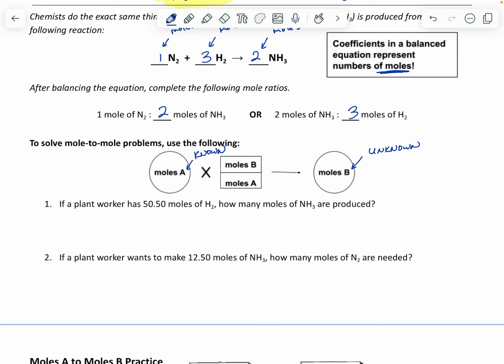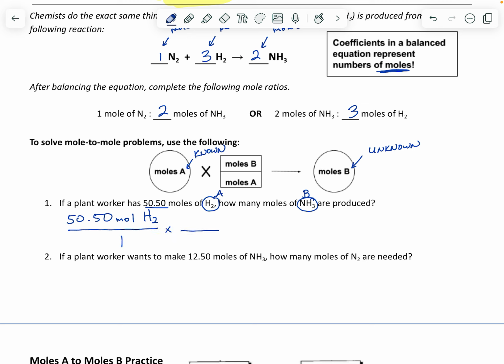So I see that here I'm starting with 50.50 moles of H2, right? That's substance A. A lot of the time you can go through and circle a substance and label it, right? So this is substance A. It's A because I have a quantity that I know, whereas this would be substance B. This is what I'm being asked about, so that's the substance that I want in the end.